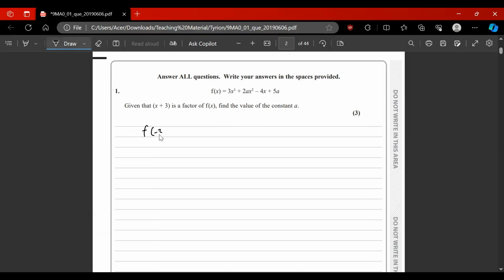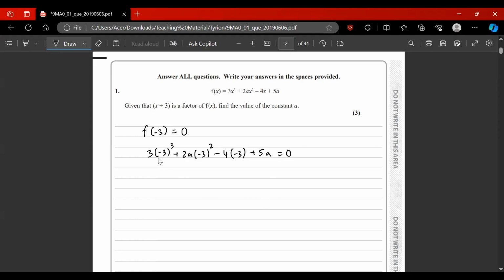So that means f(-3) is equal to 0. Let's put in minus 3 into our equation. 3 times (-3) cubed plus 2a times (-3) squared minus 4 times (-3) plus 5a is equal to 0.